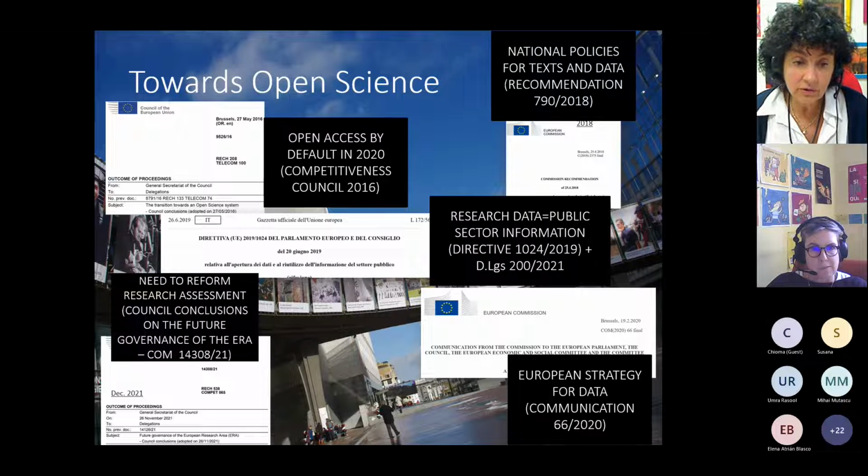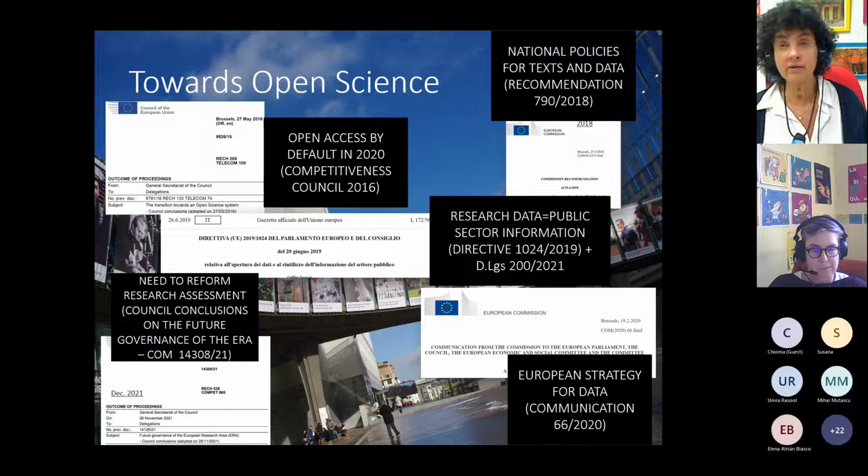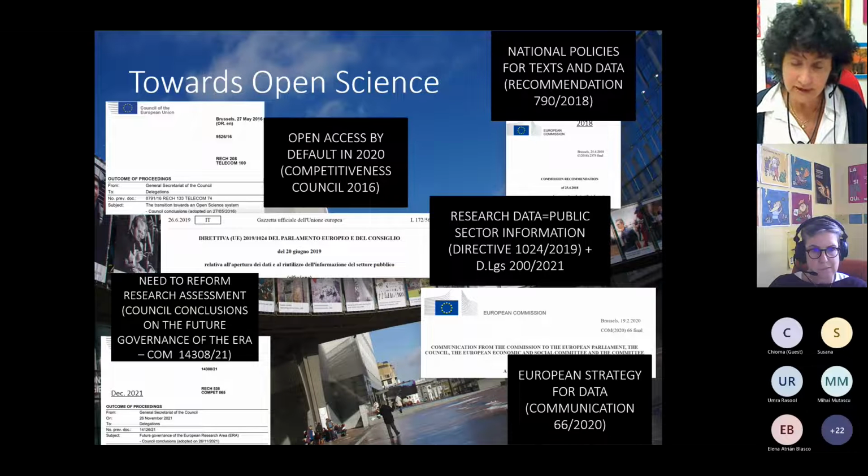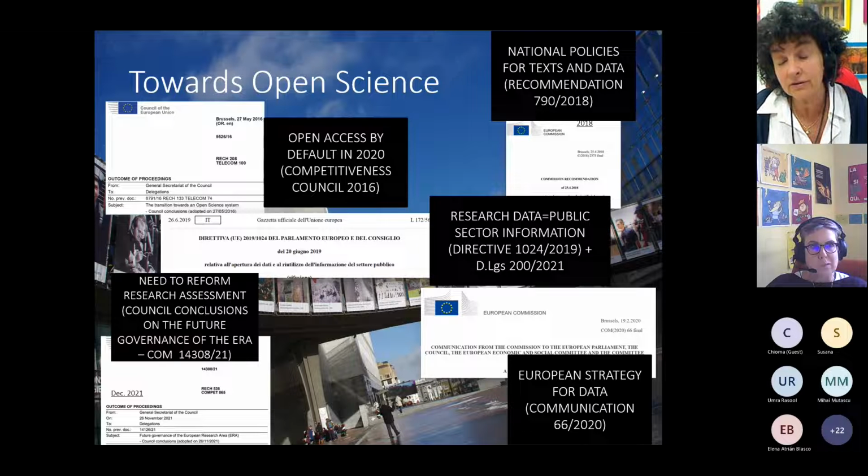We have the Council conclusions in December 2021 on the governance of the European Research Area, asking for a reform of research assessment. As we said at the beginning, okay, everything is fine, but as long as you are evaluated only on the highest impact factor journal, it's no good for science in itself, because we saw all the perverse effects that high impact factor journals brought to science.